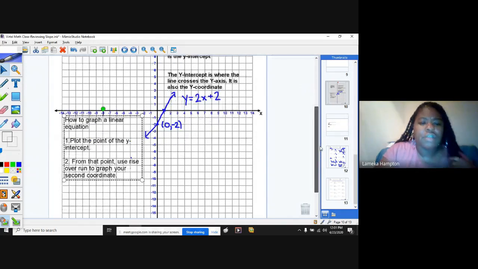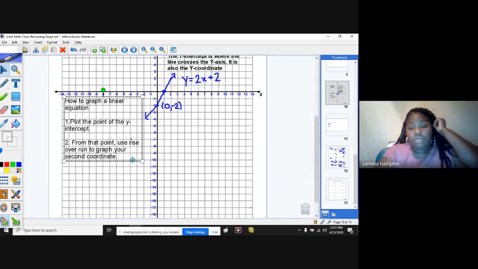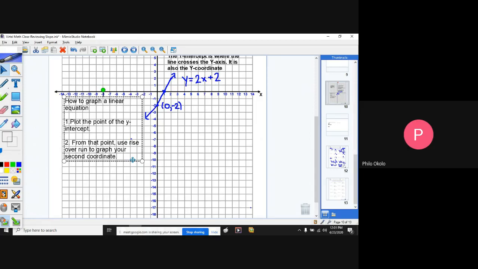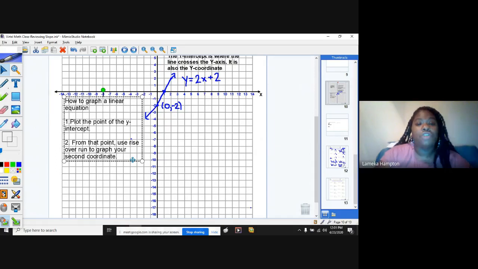If we need some more practice on graphing, I can do that Monday. But I really want to get into multiplying binomials and the quadratic formula and all that fun stuff. Not to say that slope isn't fun, but I like the other stuff too. If you all would like, just let me know.